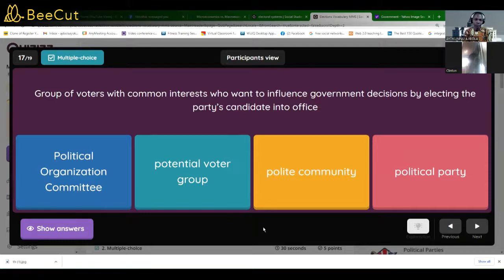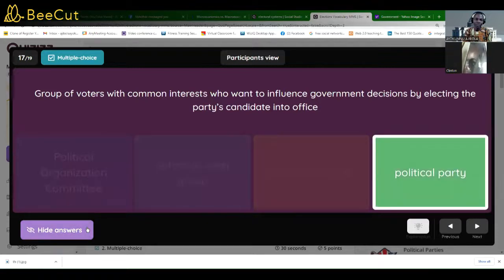Group of voters with common interests who want to influence government into office: political party.